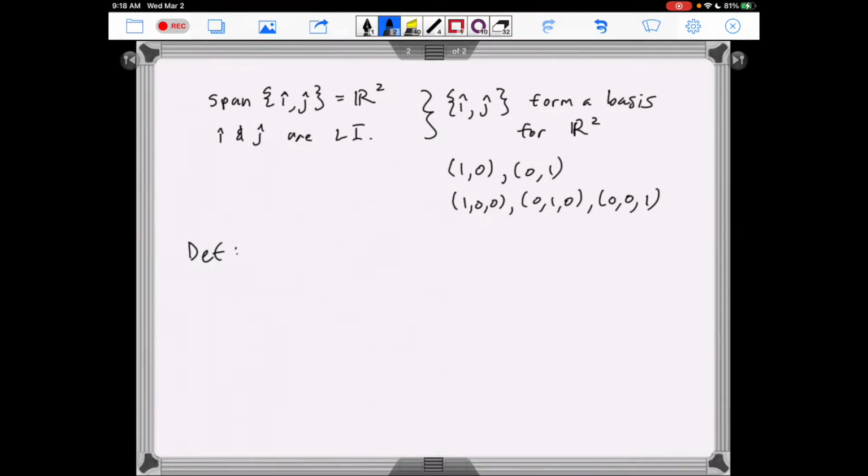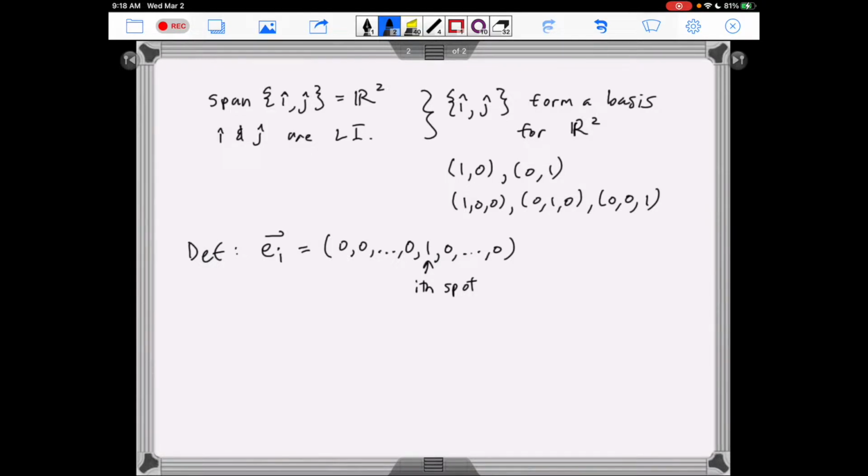So, definition: we call ei the vector that you get when you have a 0 everywhere except for the ith spot, and that's a 1. So what does that mean?